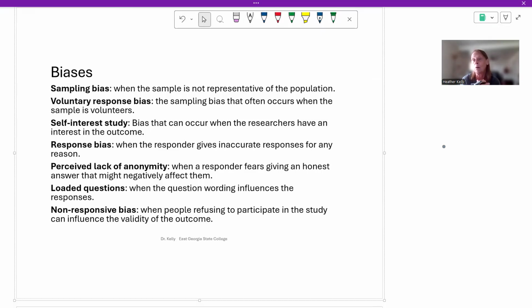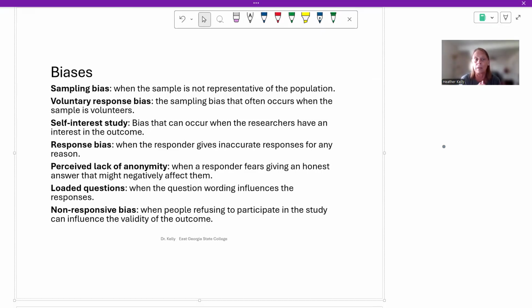Perceived lack of anonymity, when the responder fears that giving an honest answer might negatively affect them. Say you work for a big Fortune 500 company and you're filling out a survey about your happiness and welfare at work, and you're afraid to say my immediate supervisor micromanages me and my days are full of microaggressions.